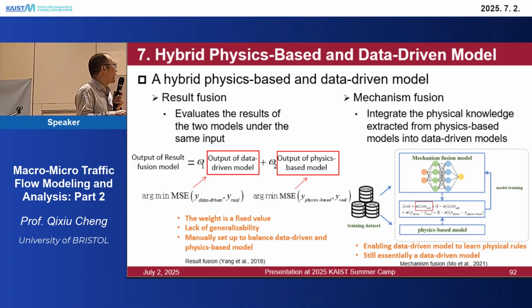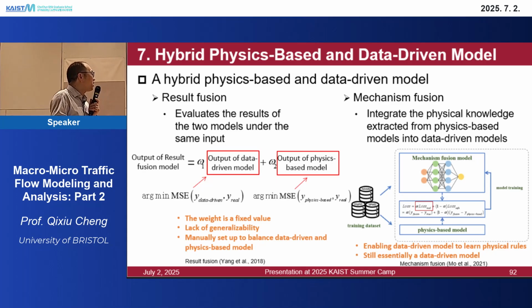But for the mechanism fusion, it integrates the loss function, where alpha is a weight, into the neural network training. But in this mechanism fusion approach, this alpha is also predetermined.